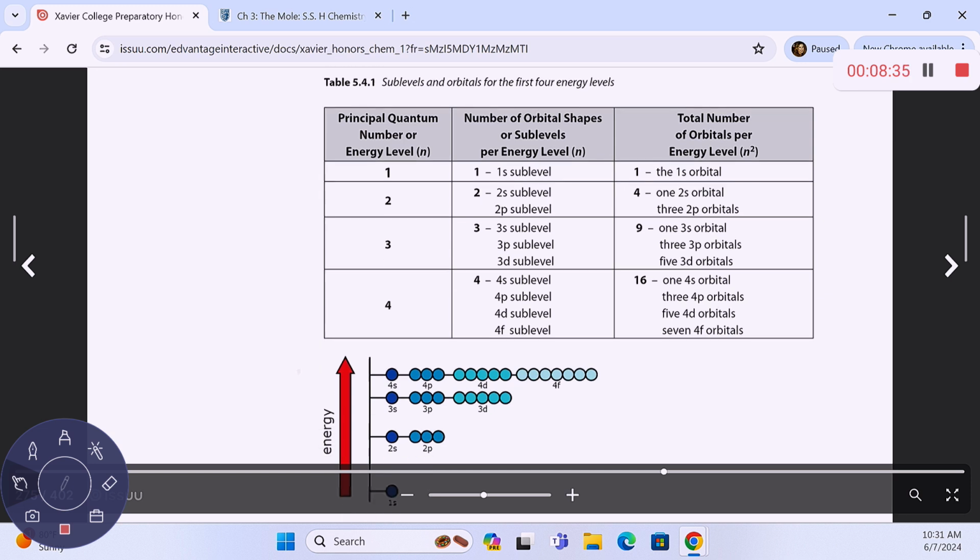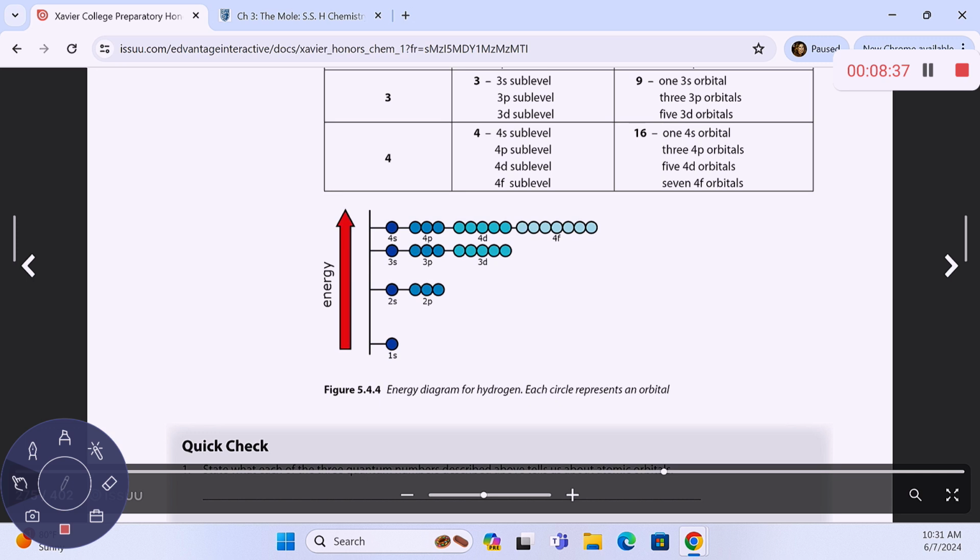Then underneath here, you've got this figure showing you the energy diagram for hydrogen, meaning n equals 1 is here, n equals 2, n equals 3, n equals 4. You will notice the further away you get from the nucleus, the closer each n gets to the previous one. Okay, and that's what I drew on the board.